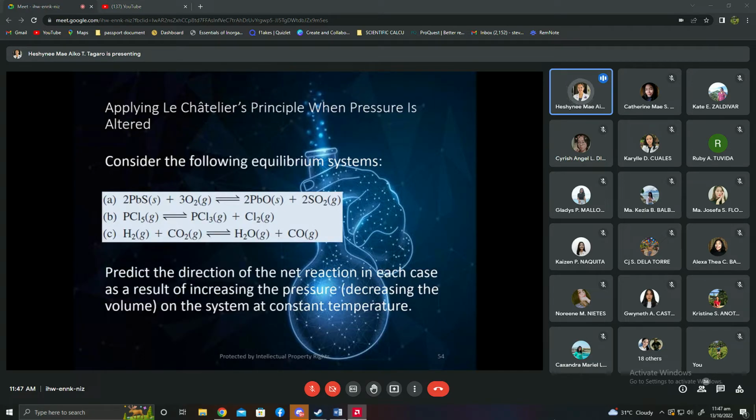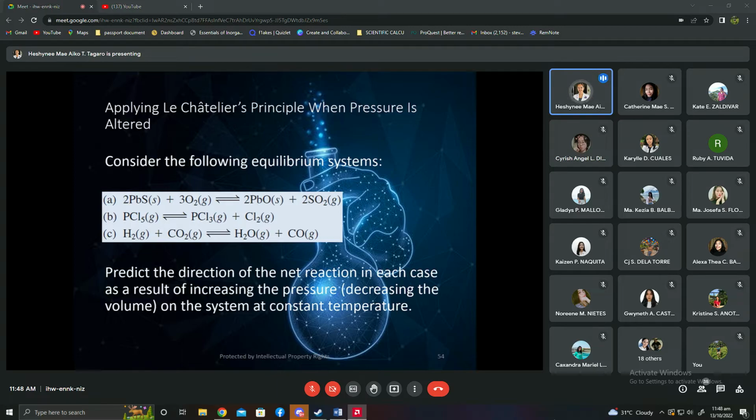Take note, a change in pressure can affect only the volume of a gas, but not that of solids and liquids because they are incompressible. The question here: predict the direction of the net reaction in each case as a result of increasing the pressure, thereby decreasing the volume of the system.